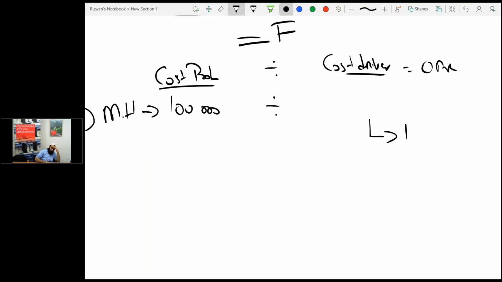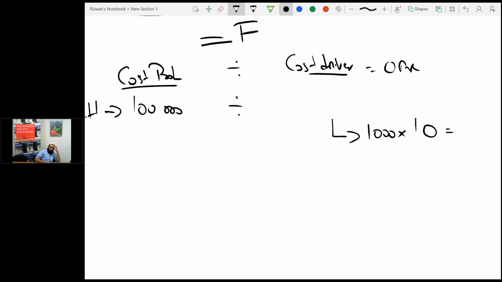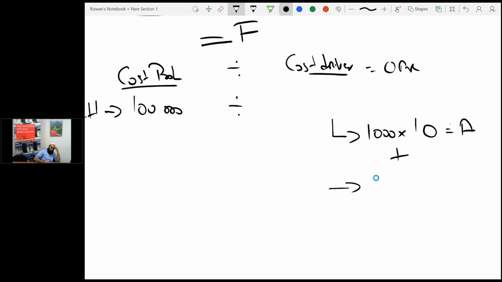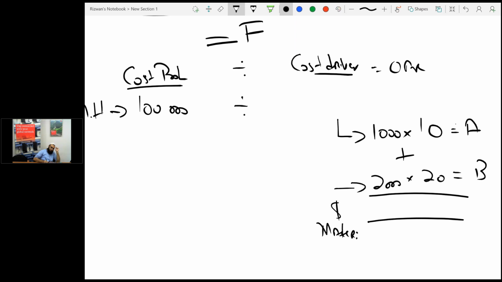So 1,000 multiplied by 10, and this is for A, plus for the second product, the units are 2,000 multiplied by 20 for B. So the material cost purchased is 50,000.